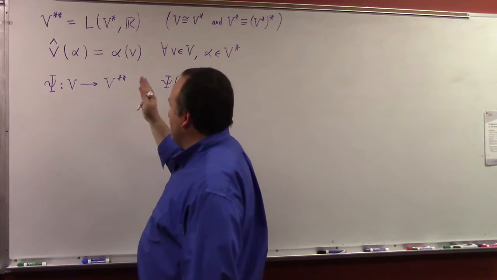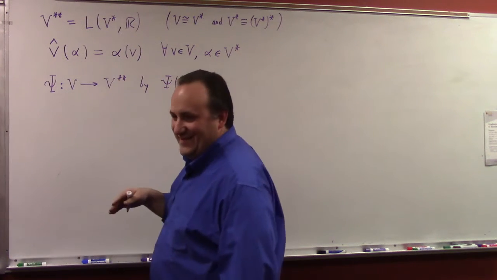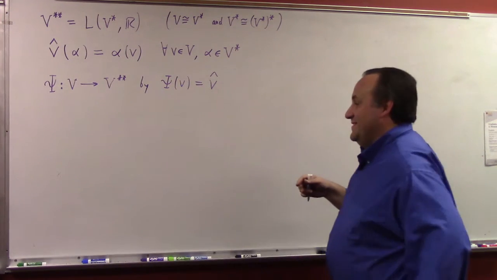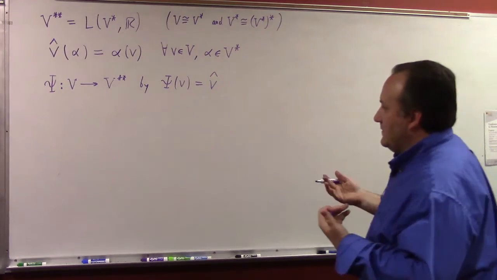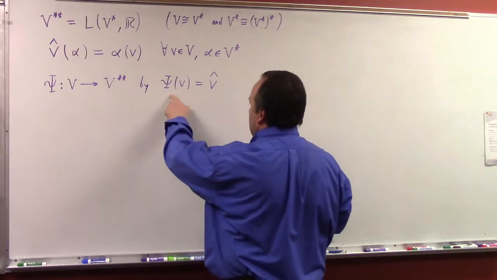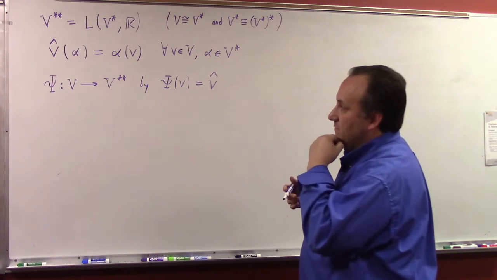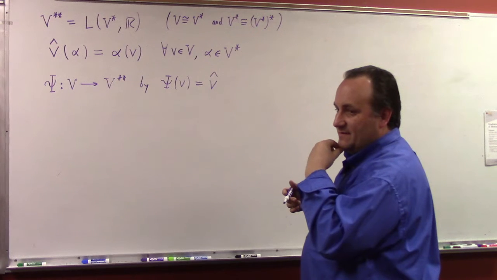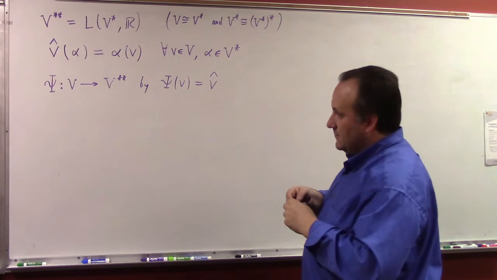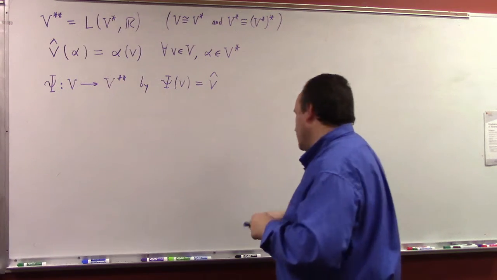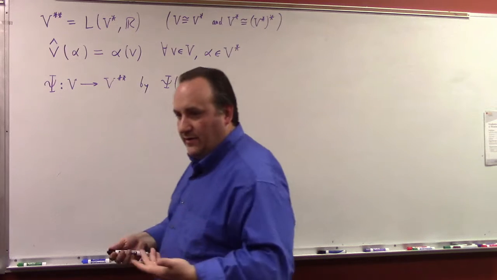And how do we do that? A vector acts on a dual vector by letting the dual vector act on the vector. This is so stupid, but it works. And of course we can check that this is in fact a linear transformation and all that jazz if you want. But you probably already did that homework. I think so, yeah. All right, so you notice, again, there's no basis or anything going on here.